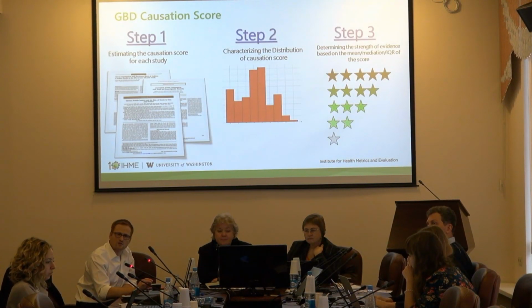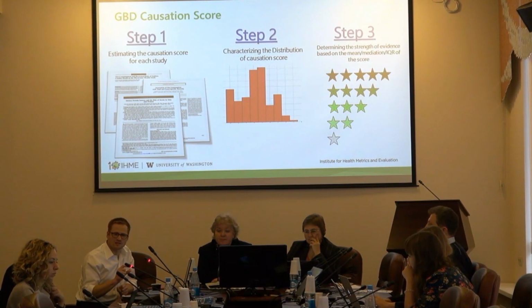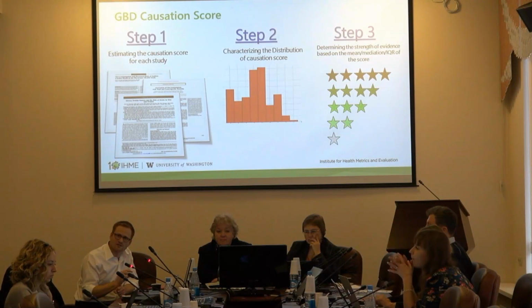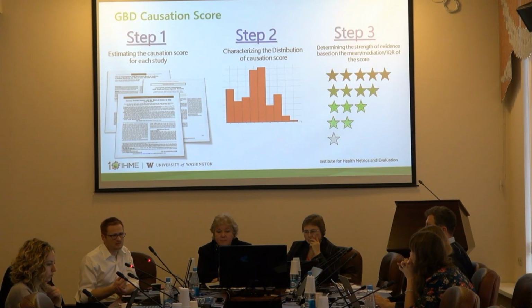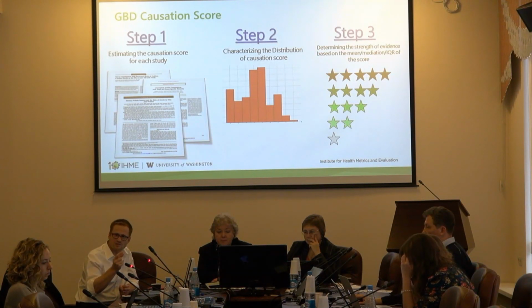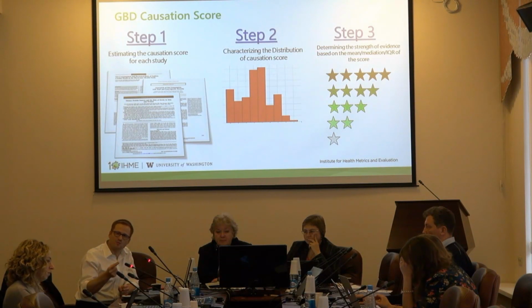The idea here is we're going to be able to objectively look at different studies and see how different elements of study quality affect estimates that we're getting out of those studies, rather than doing this in a subjective way, saying, oh, we think this study has some source of bias. We can actually do this empirically and look at the data themselves and see what the data say about bias. And once we have that, we can actually score each risk outcome pair from 1 to 5 stars.